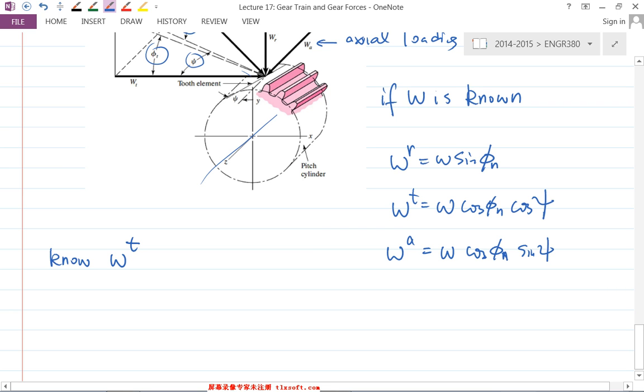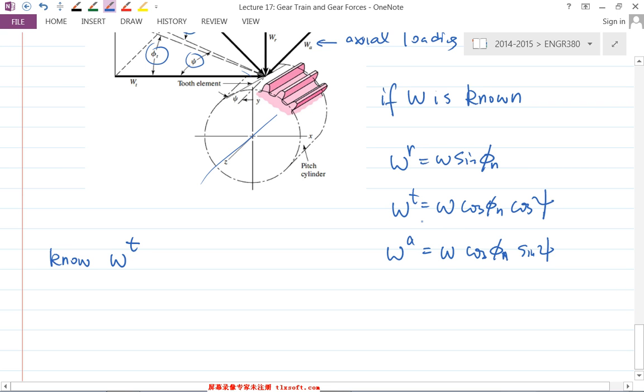Based on these two pieces of information, you can calculate the transmitted load. Then from the transmitted load, you can back-calculate W, WR and WA. Pretty simple, just manipulate the three equations to get the different sets of equations. You can go back to the notes.